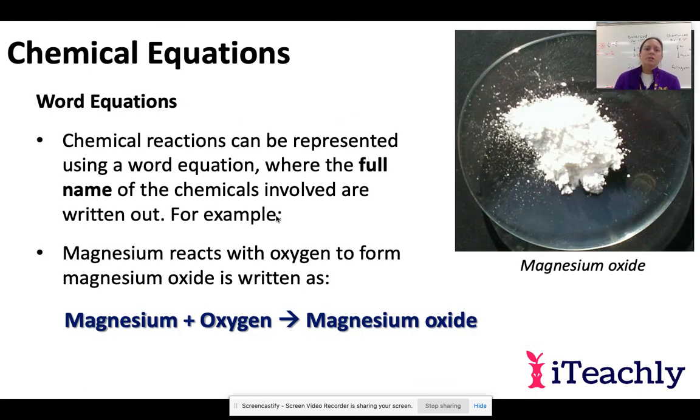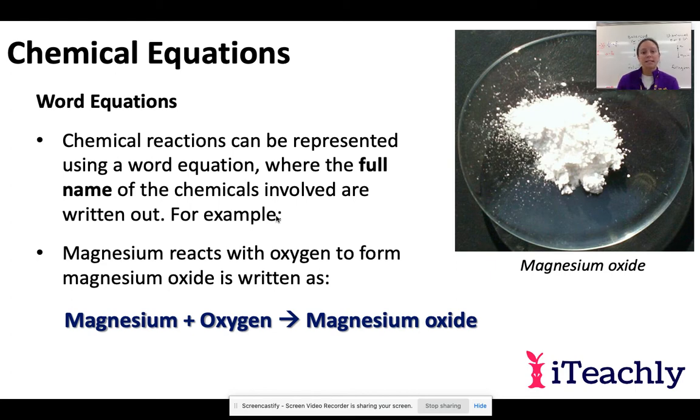Word equations, where we actually write the names out, we don't use very often because we use the chemical equation to save ink and time. But sometimes we do use the full names. Here is an example: magnesium reacts with oxygen to produce magnesium oxide.